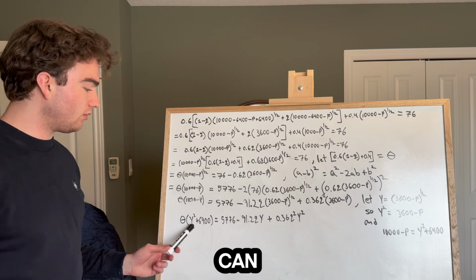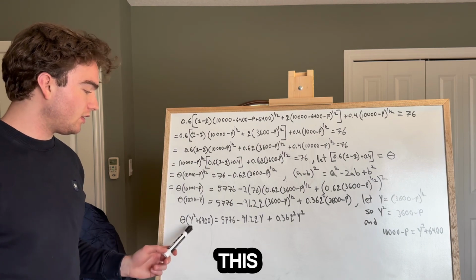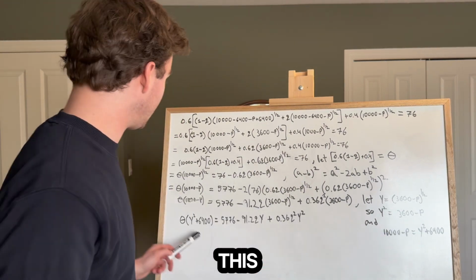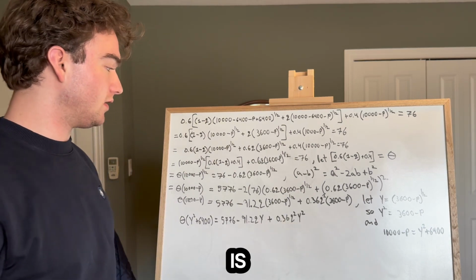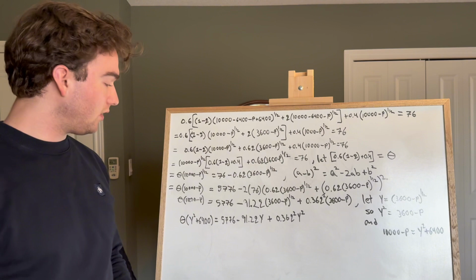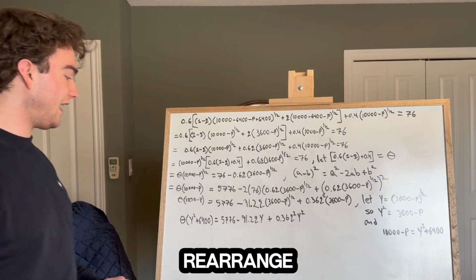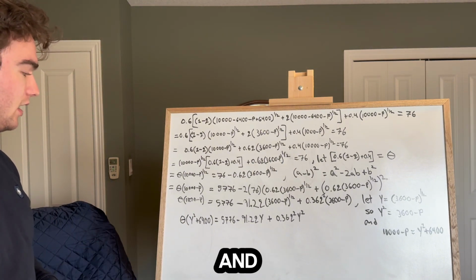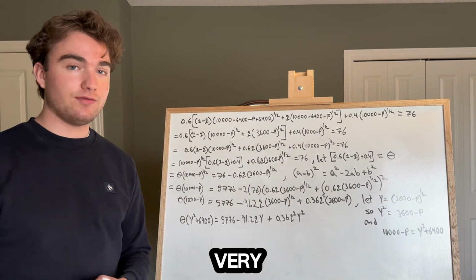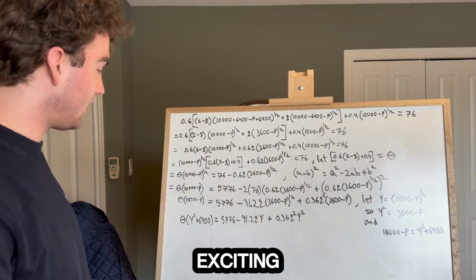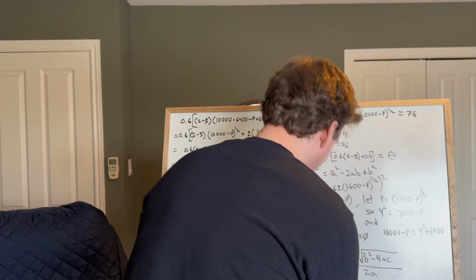So now we can rewrite some things. This is this interaction right here. This is y, and this is y squared. Now we're gonna rearrange, and then we're gonna have our solution very soon. It's kind of exciting.